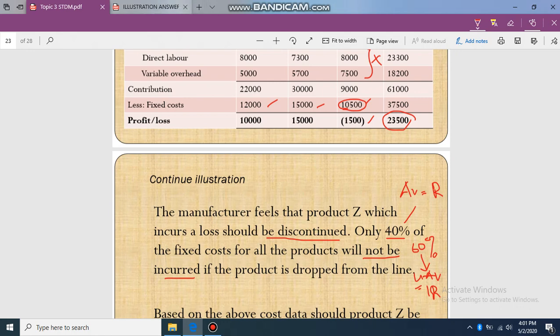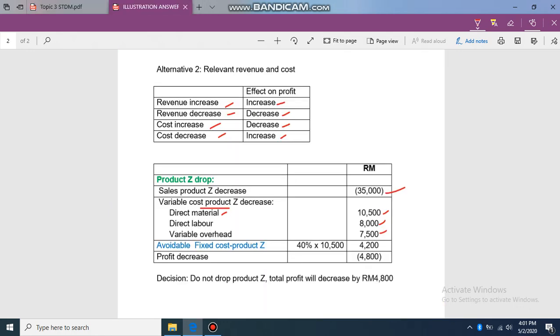So you can save in terms of fixed cost of Z by 40%. This is avoidable. When the cost is decreased, we can avoid that 40% because it's not incurred. This will increase your profit, so we have to plus 4,200. Other things do not have any effect.